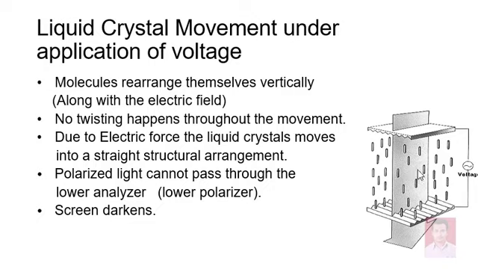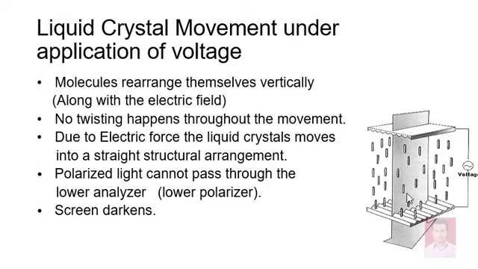Because of this electric field, the liquid crystal molecules get arranged vertically. So whenever they reach through several planes to the last analyzer, they do not get twisted. We are making the light not get twisted along with these untwisted LCD molecules. So whenever the light reaches the lower analyzer, the polarization of this light is at 90 degrees to the grooves of the last analyzer.